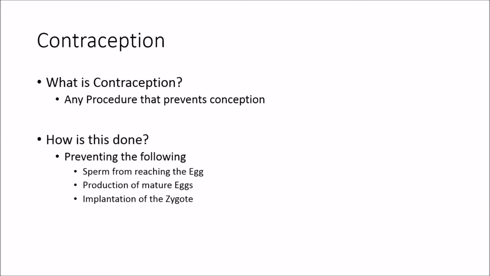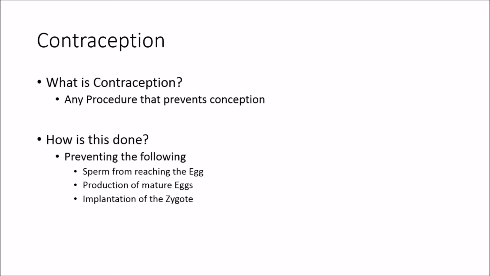Ovulation is the release of an egg cell from the ovaries. So one of the ways that contraceptive devices or techniques work is that they prevent ovulation. Because if you don't have an egg in the first place, then once again, pregnancy cannot occur. So that's two ways that these contraceptive devices work.